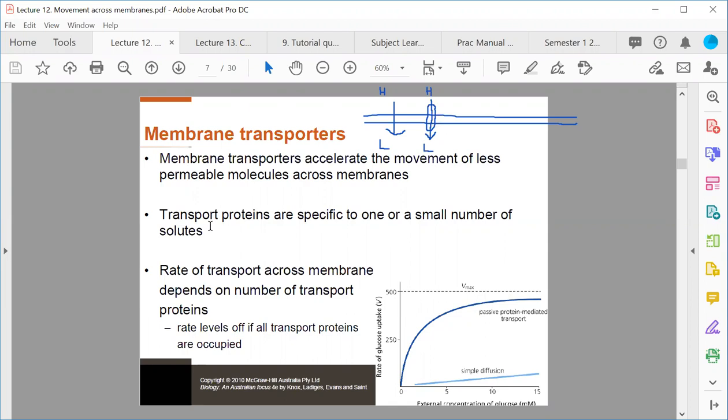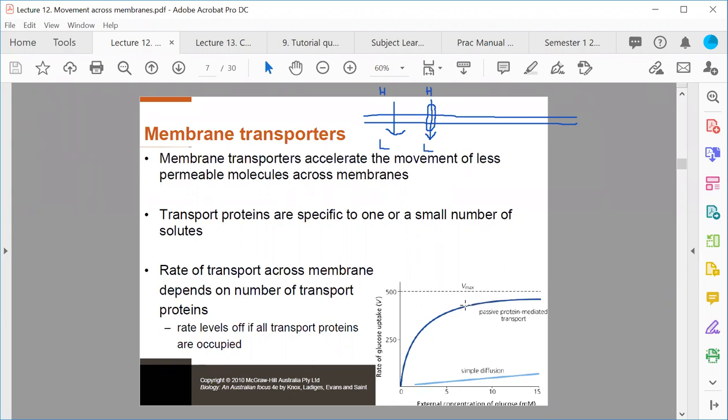All right, so transport proteins tend to have very high specificity. Usually they're specific for one or a very small number of closely related solutes. But something else to notice in this graph is that even though the rate of transport increases, it then starts to level off.